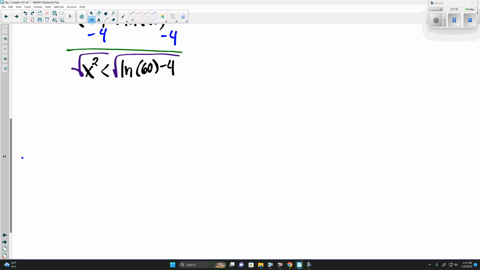Because it would tell us x is less than the square root of the natural log of 60 minus 4. But whenever we take the square root of both sides, we have to add the plus or minus.